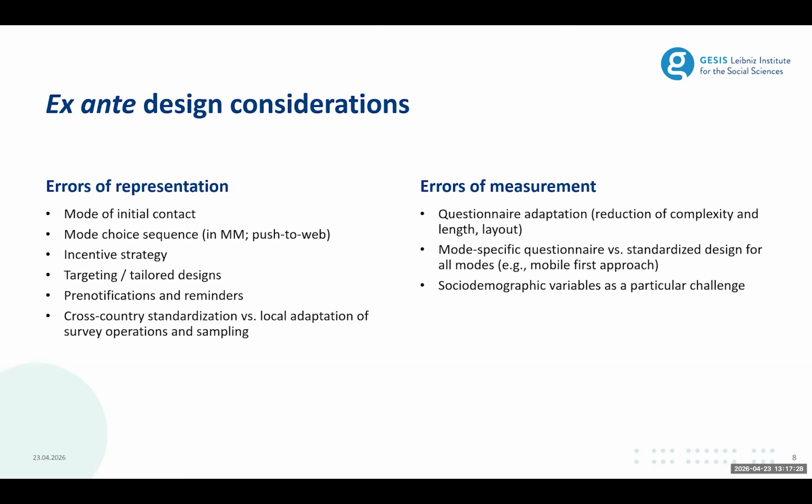One common approach is to start with the most restrictive mode and then simplify the questionnaire to fit that mode, and then just move this simplified version over to the other modes. Bear in mind that the socio-demographic variables may be a particular challenge when it comes to mode-specific adjustments, and those need to be addressed beforehand as well.